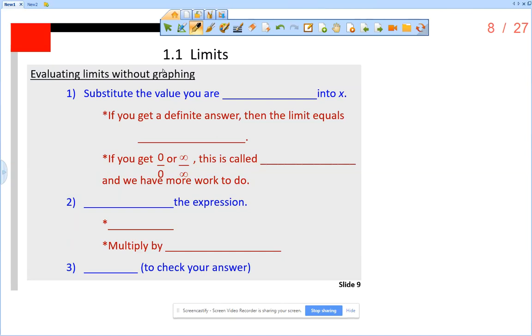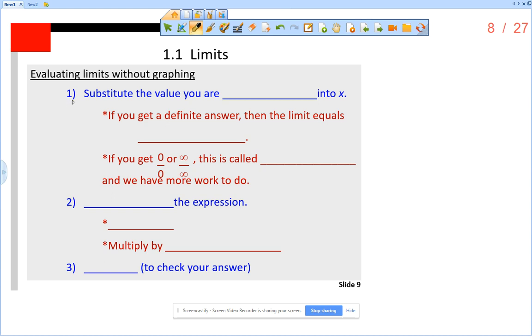Next in section 1.1, limits, slide number 9, we are talking about how to evaluate limits without graphing. So far, we've only looked at evaluating limits graphically. So now, how do we do it without graphing?